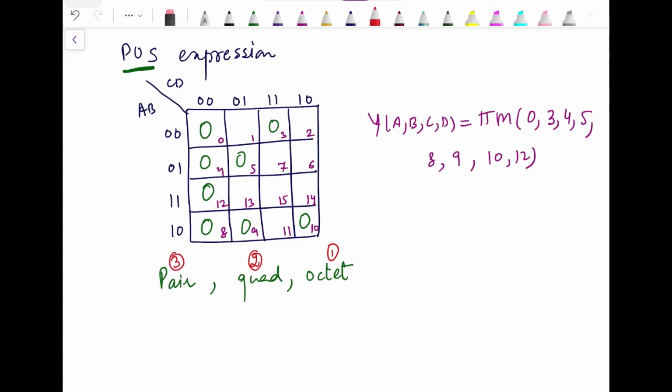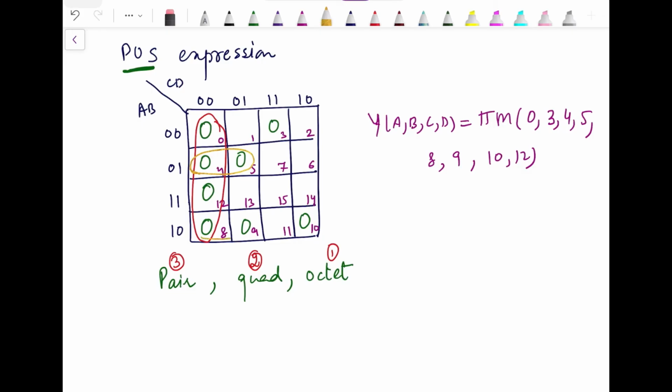Now in this case, if we look at the combinations, then there is a quad possible. This one is a pair. We don't have any zero adjacent to this.